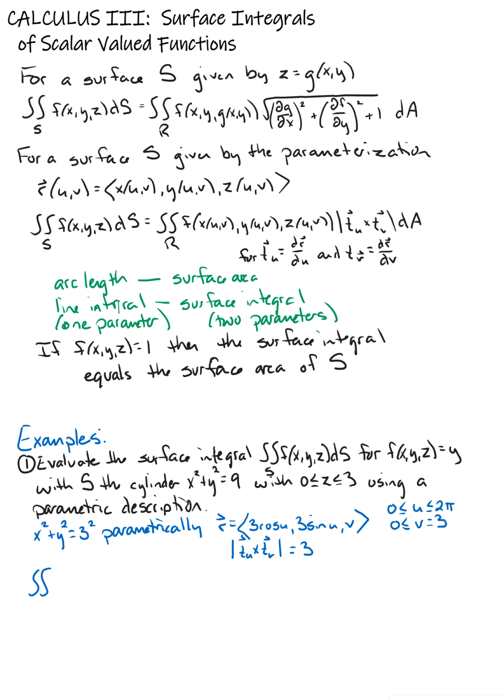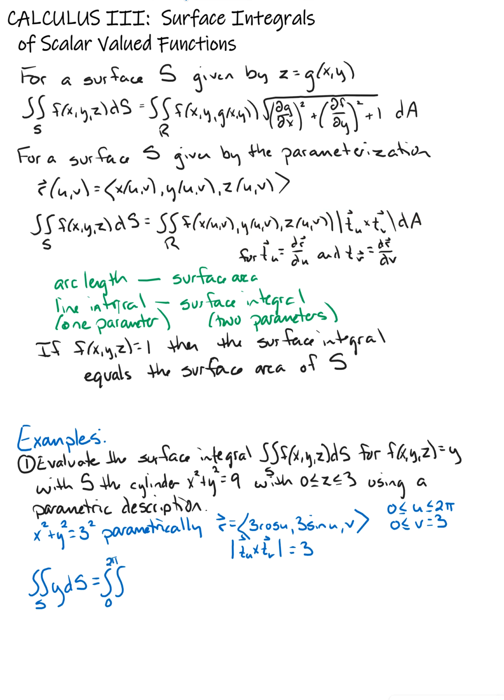We're looking at the double integral over our surface of f of x, y, z ds. Now remember, f is equal to just y. So this is the surface integral of y ds. And we're going to simply use this here to evaluate that surface integral. So we're going to rewrite it as that double integral over the region R. Looking at our region, for our u value, we're looking at the entire cylinder, so all the way around from 0 to 2 pi.